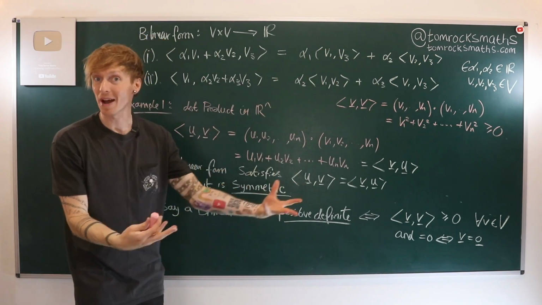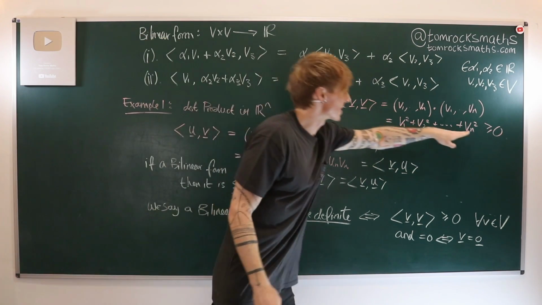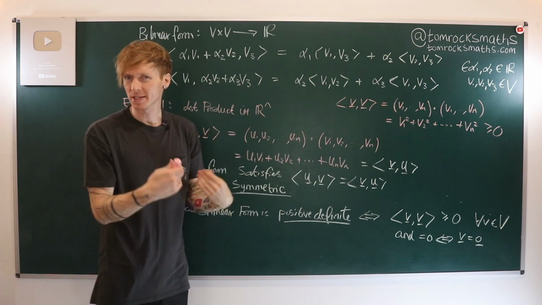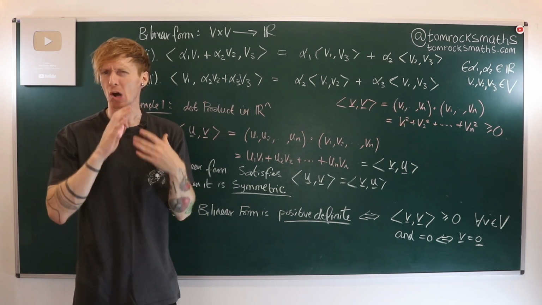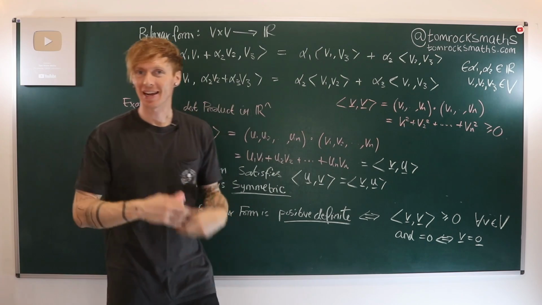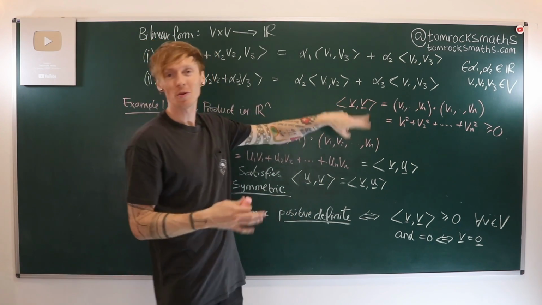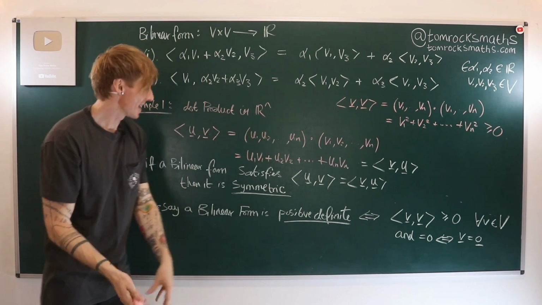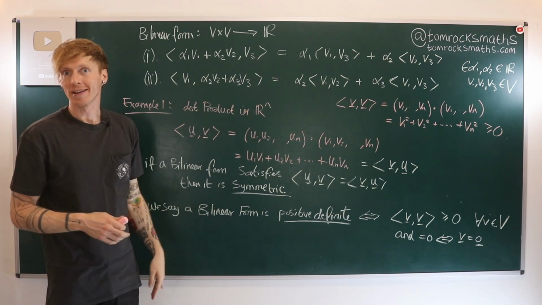It's the sum of squares. And the only way this can be 0, because all of these positive pieces are being added, is if each individual piece is 0. And if each piece is 0, the original vector was indeed the 0 vector in the vector space Rn.